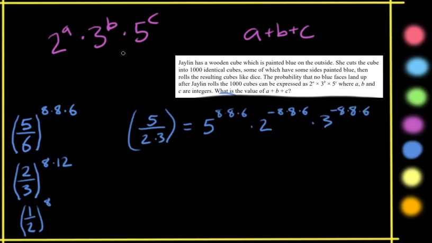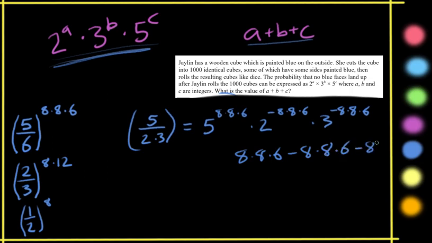So if we were just trying to figure out the sum of a, b, and c just for this part, this sum a plus b plus c would be 8 times 8 times 6 minus 8 times 8 times 6 minus another 8 times 8 times 6. So we can cancel out this one, and it would just be minus 8 times 8 times 6.